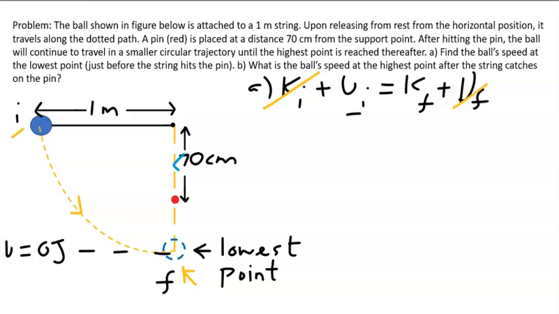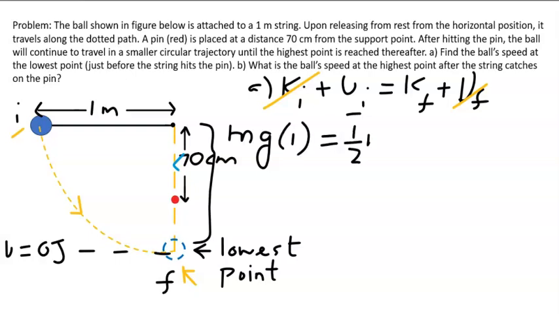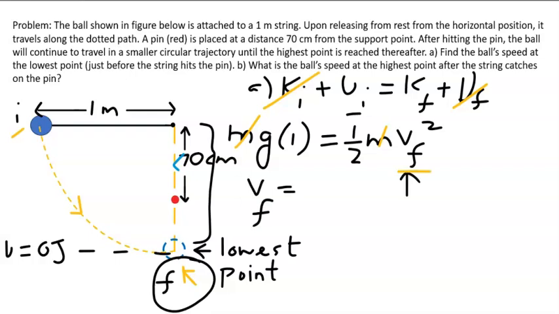The initial gravitational potential energy is the mass of that ball times gravitational acceleration times this entire height, which we know to be 1 meter. The kinetic energy at the final point is half times mass times the final speed squared. So this is the speed at that point which we are interested in. Mass cancels and you can determine V sub f. And the calculation gives 4.43 meter per second for V sub f. So that's the answer for part A.